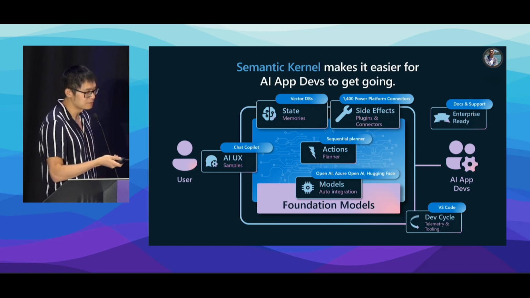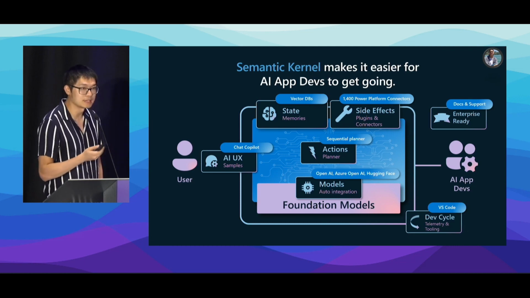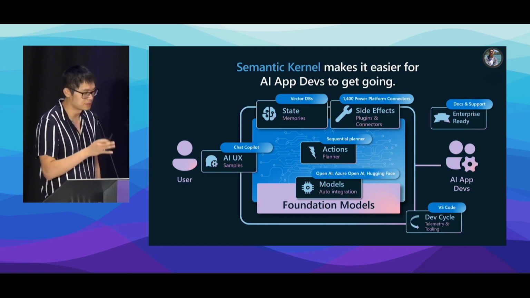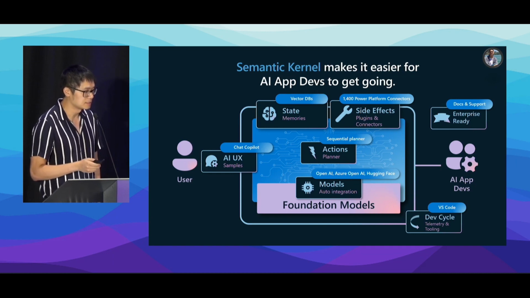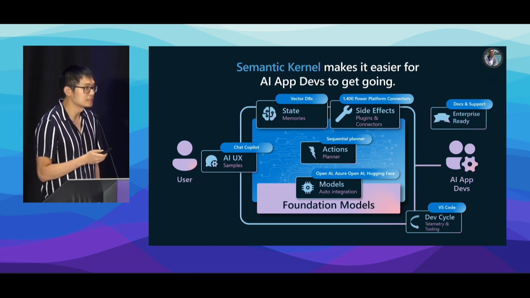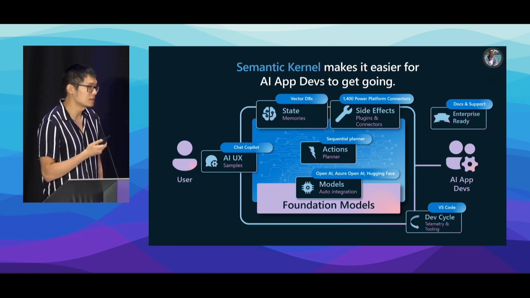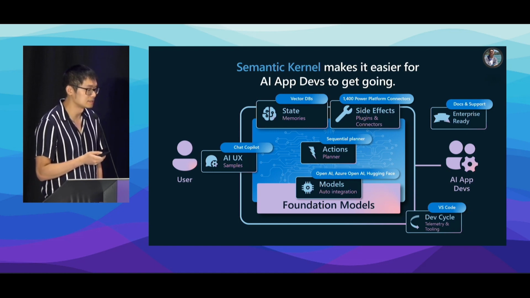Right here at the center of it is this notion of planning, and I'll actually talk about this for the latter half of the talk. But planning is really, I think, the magic unlock that AI has demonstrated.